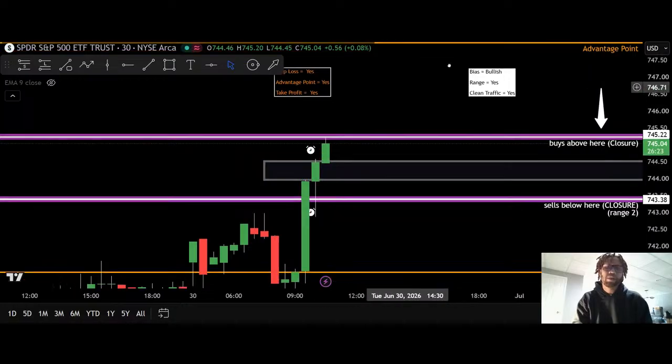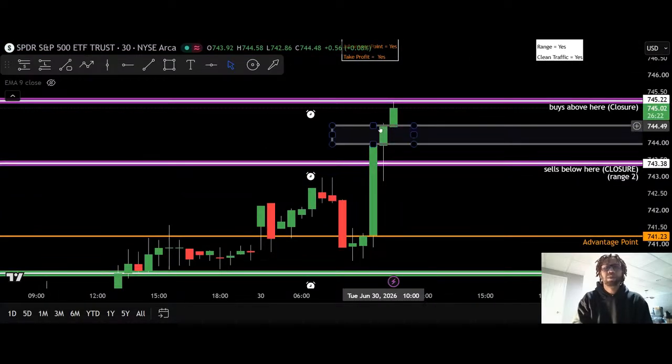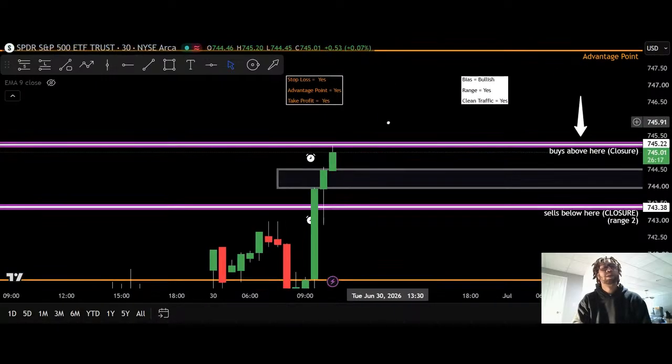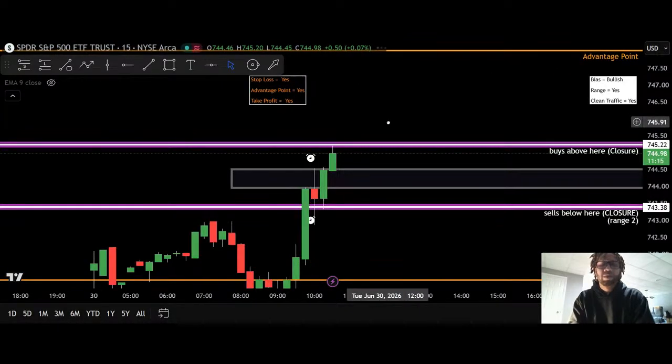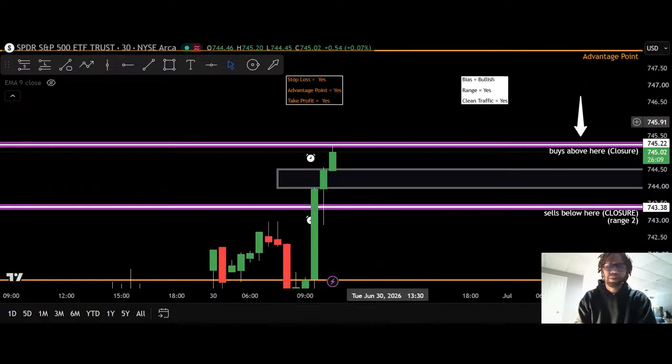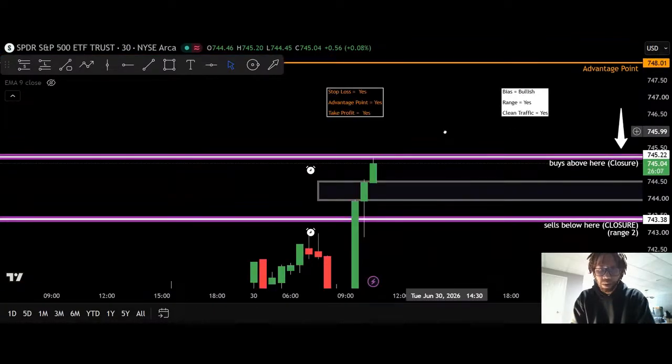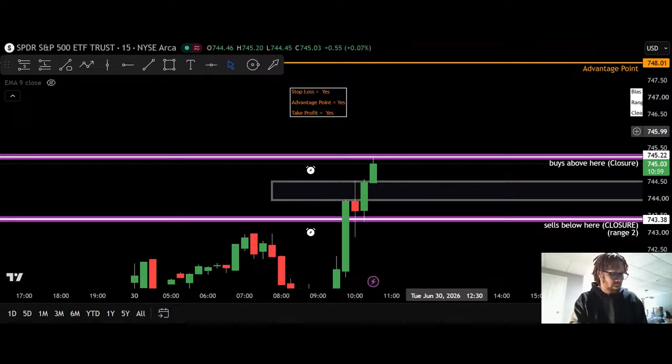30-minute open with no bottom wick. Previous candle, really no top wick. Not yet, I'm still just waiting.